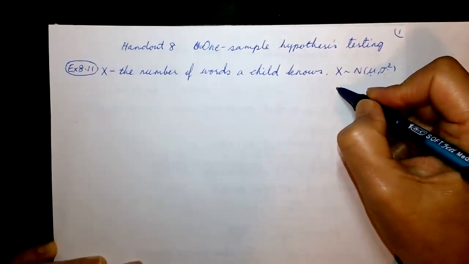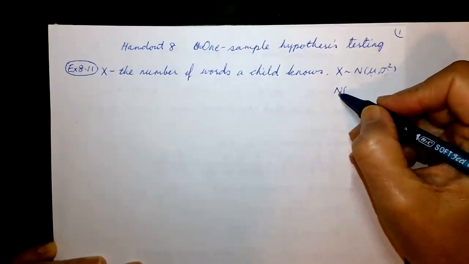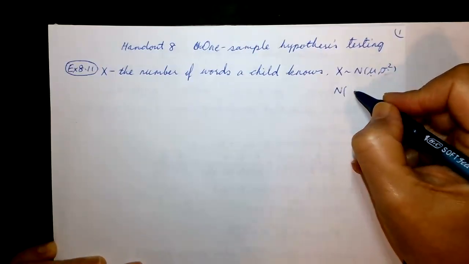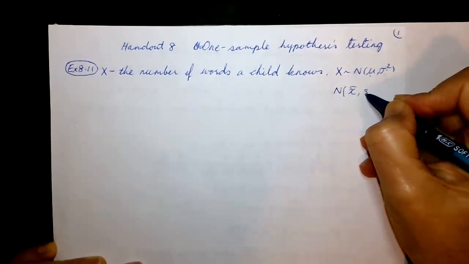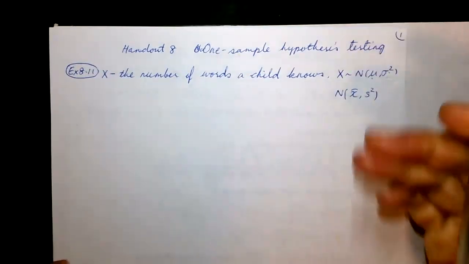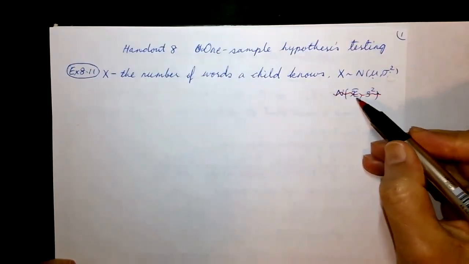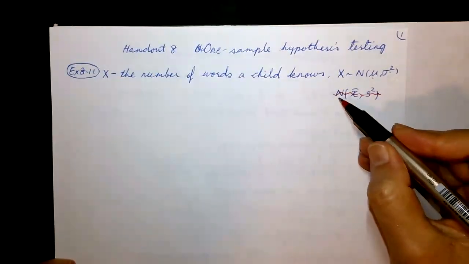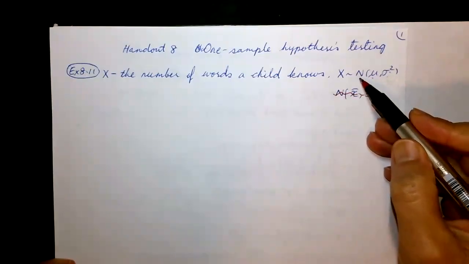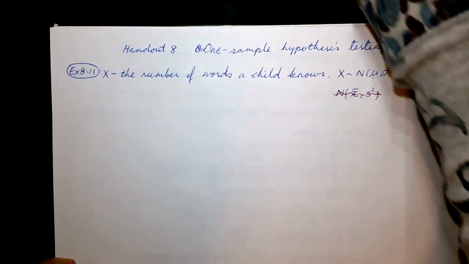Something else I've seen, you don't copy this: I've seen students writing normal distribution with x bar and s squared. No, this is just so ugly. You can't write the sample statistics into the distribution. The distribution is always from the population, right? This is forbidden.